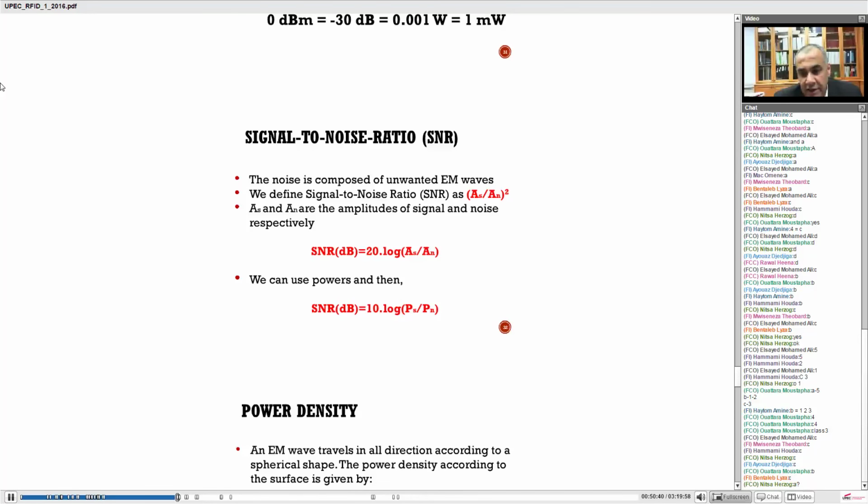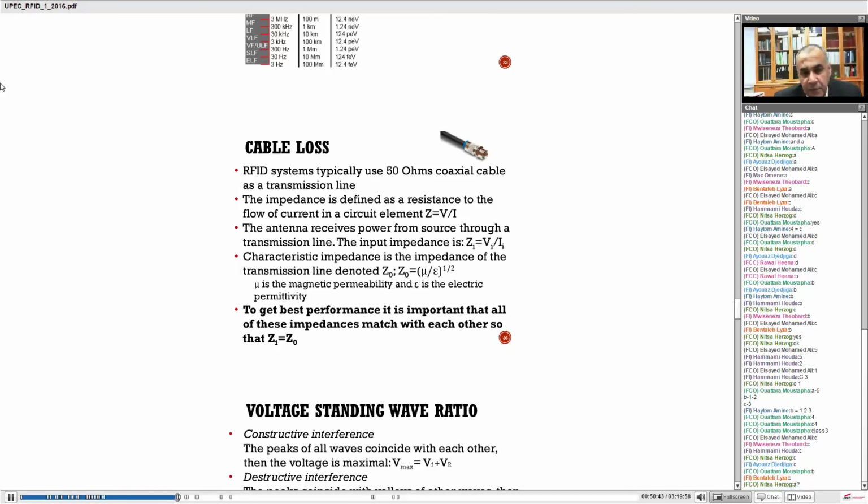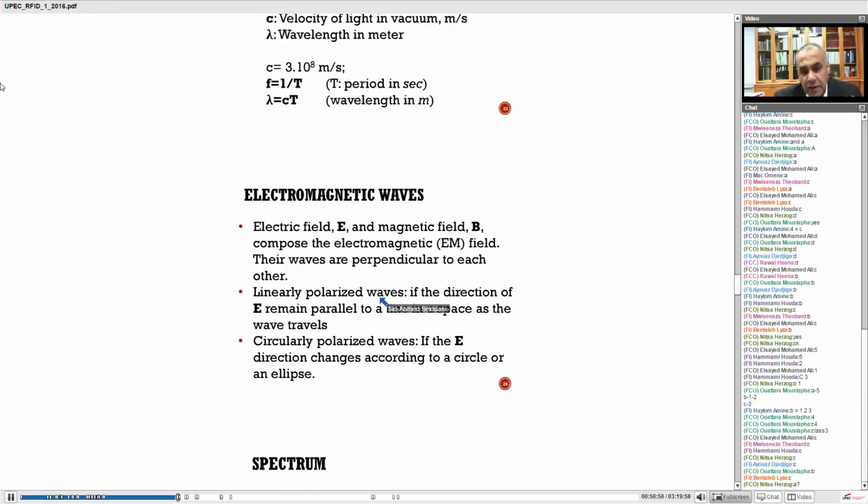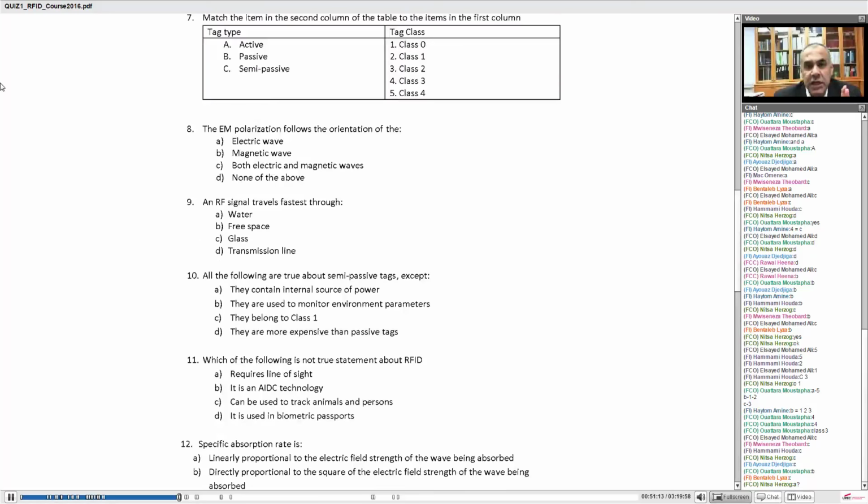Maybe I was not clear about that. Electromagnetic waves, electric field E: linear polarization if the direction of E is fixed, and circular polarization if the E direction rotates.